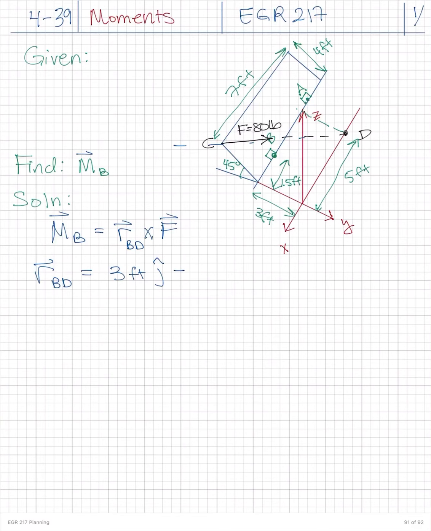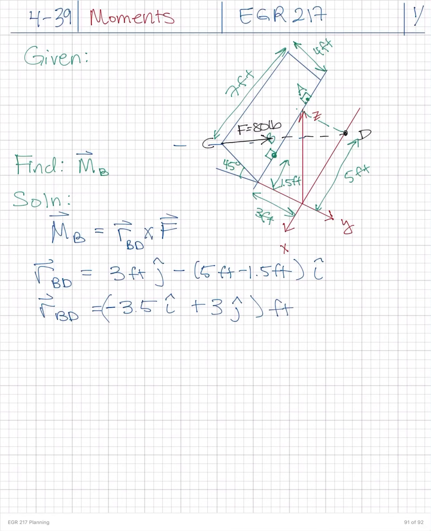So negative, and it's going to be 5 minus that 1.5 feet, in the I direction. So 5 minus 1.5 is going to be 3.5. So negative 3.5 I plus 3 J, and that's in feet.